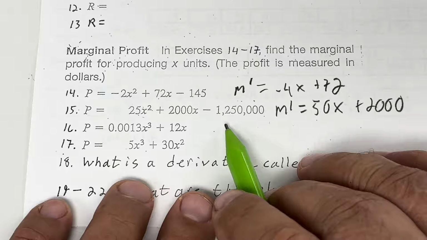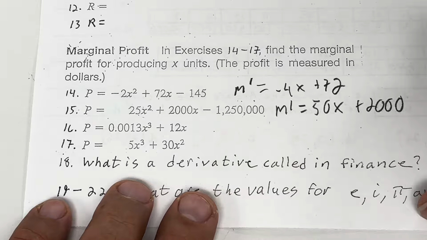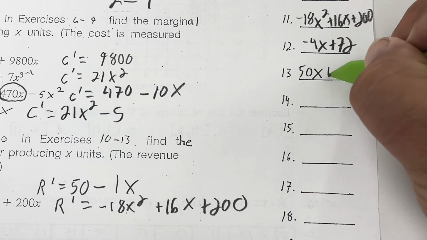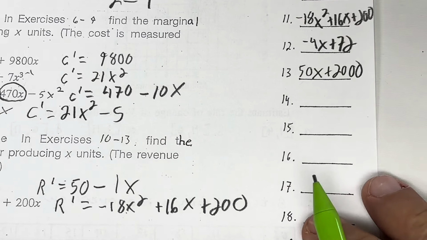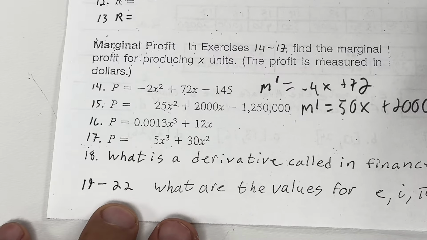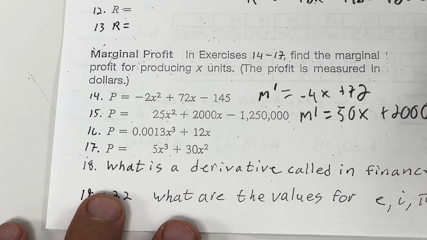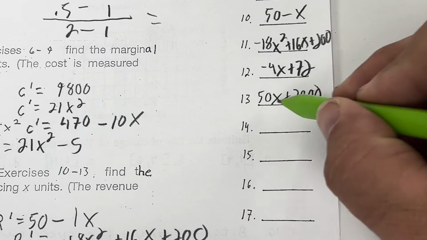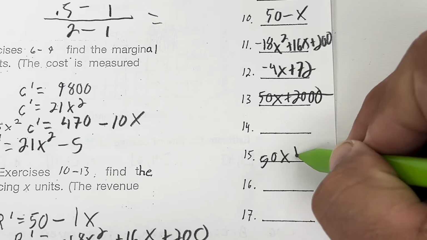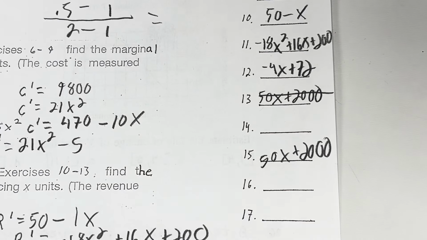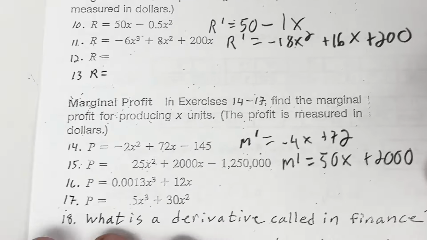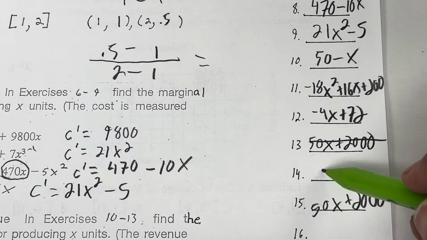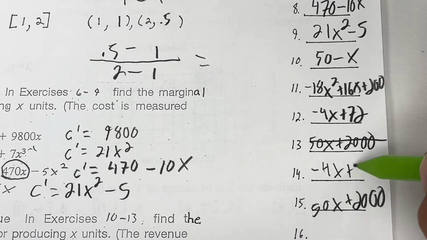The derivative of negative 1,250,000 is 0. So 50x plus 2,000. Oops, I was supposed to put that down here on number 14. 50x plus 2,000. Whoops, I was supposed to put that on number 14. Negative 4x plus 72.